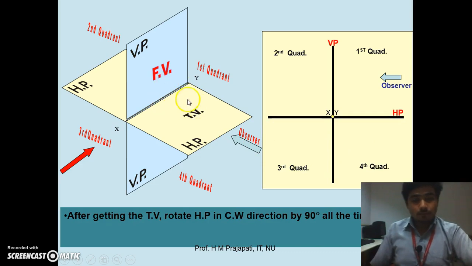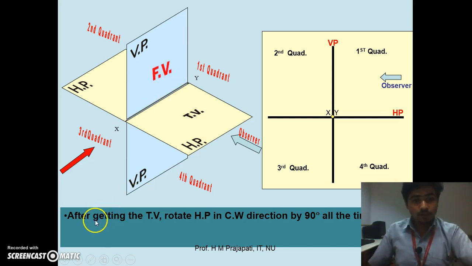Now suppose we have got both views, front view and top view. The next important thing is how to draw both views on a single paper, because the front view is a two-dimensional drawing, and the top view is again a two-dimensional drawing. If we want to draw these two views, we need to make a single plane, meaning both drawings in the same plane.